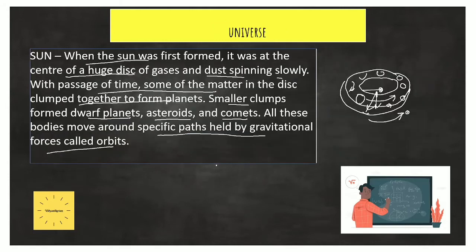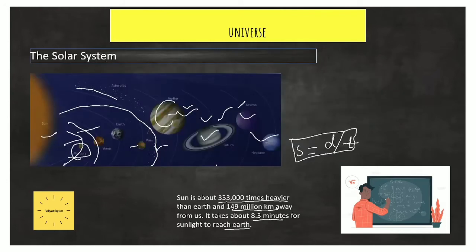Now we learned about the sun, that when the sun was first formed, it was at the center of a disk of gases and dust which were spinning slowly around it, and as time passed, some matter from this disk started to clump together to form planets, and other smaller clumps formed dwarf planets, asteroids and comets. And all these bodies were held by gravitational forces, and they all revolve around the sun in specific paths called orbits. Here is a picture of the solar system.